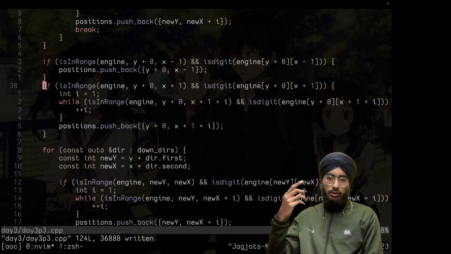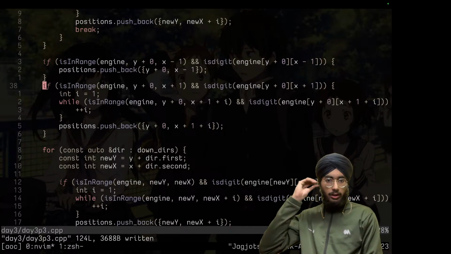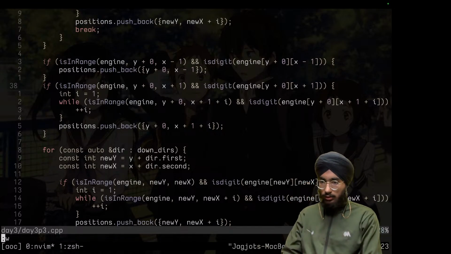If it is gonna break, then it is gonna push in x plus 1 plus I.